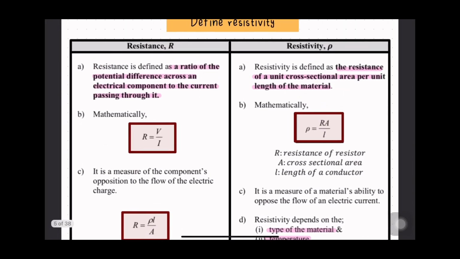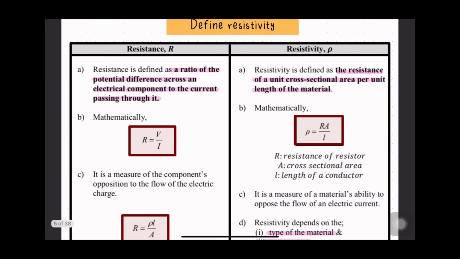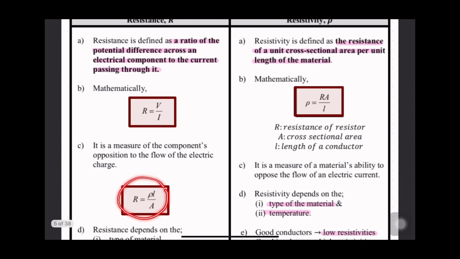Okay, so next adalah resistivity, means that kerintangan. Tadi tu rintangan, ni kerintangan dia. Resistivity is defined as the resistance of the unit cross-sectional area per unit length of the material. So based on the resistance equation tadi, kita akan tukar: resistivity is equal to RA over L. This one we only use for calculation only.